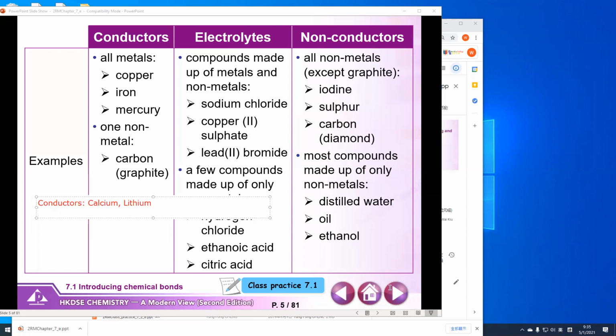For electrolytes，有邊啲係 electrolytes 咧？你見到 electrolytes 係 metals 加 non-metals，例如 sodium 同 chlorine 黐埋一齊就叫做 electrolytes 啦。Sodium chloride, when they react together, they are called electrolytes. 電解質。For example, copper, this is a metal, sulfate.